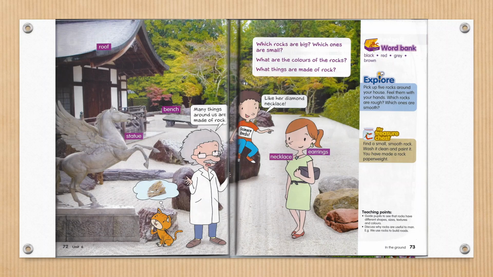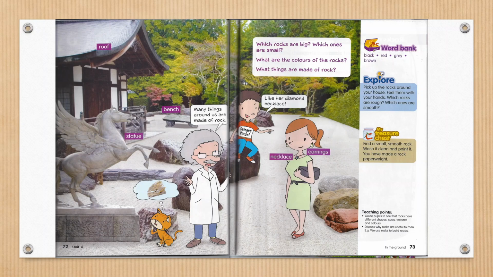If we see what Dr. Atom and Joe are saying, we can get some information. Many things around us are made of rock, and that's true. Take a look through your window and try to see how many elements are connected with rocks.